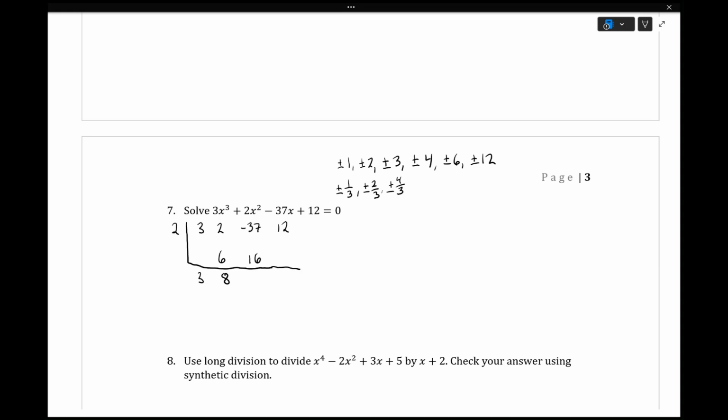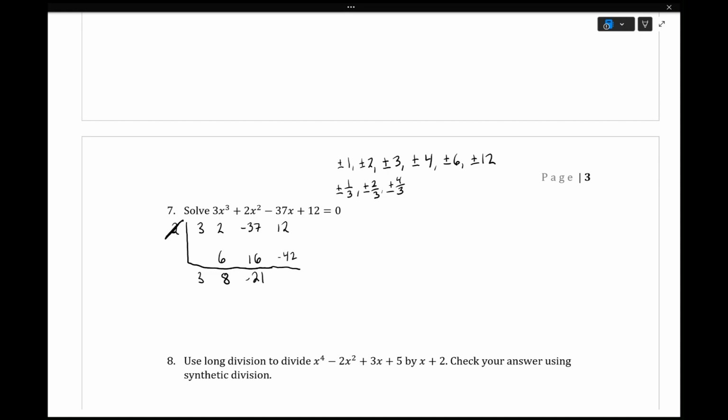Negative 37 plus 16 is negative 21. Times 2 is negative 42. Yeah, this isn't going to work. So I can say, yeah, that's not going to work.